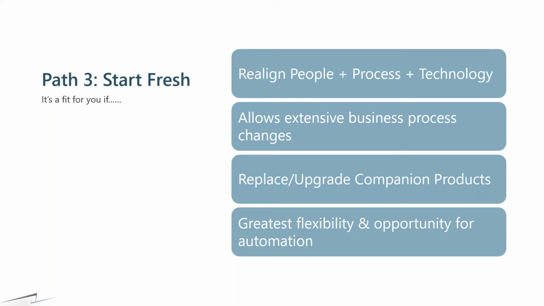In the Start Fresh option, because we are taking 2 steps back and looking at those business process changes, and in some cases extensively changing those business processes, we can accommodate more automation. And that would be like the items that I mentioned here. It also would be thinking about where the system can do some heavy lifting for you.